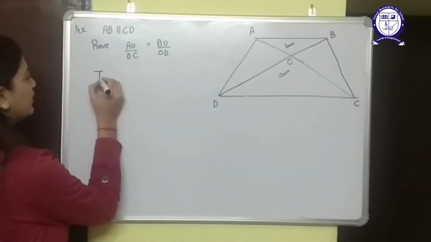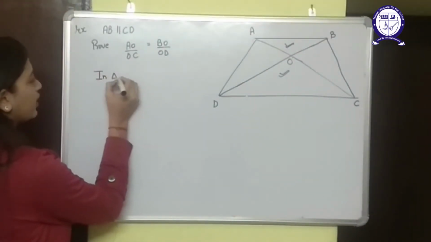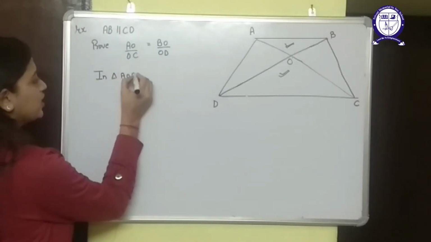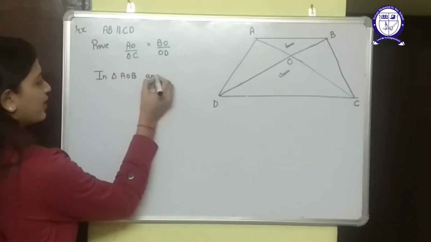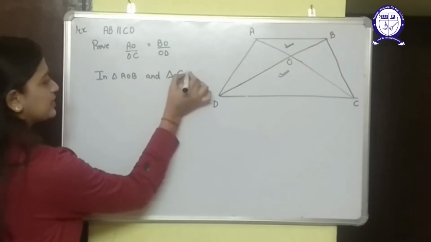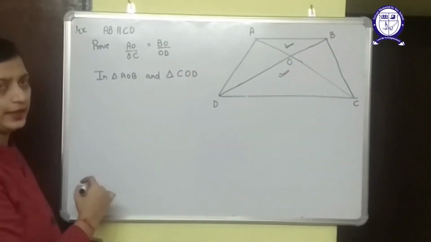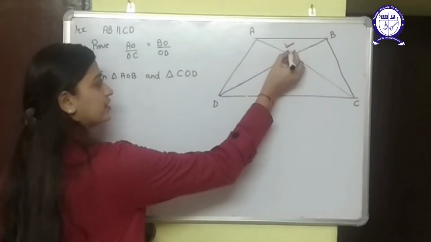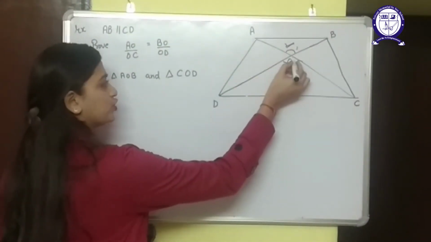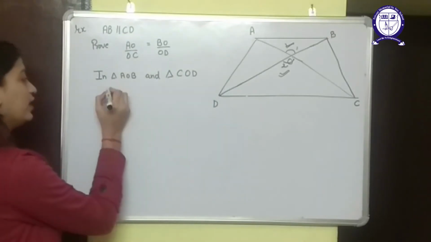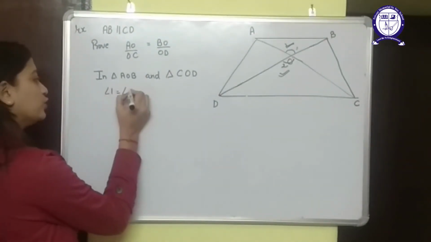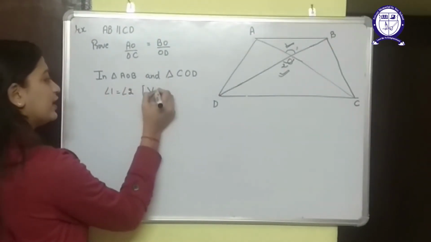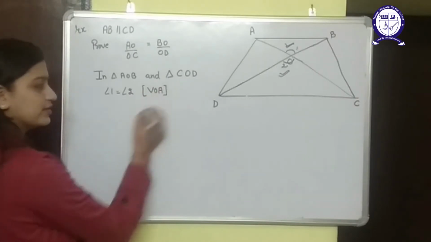So in triangle AOB and triangle COD. Now first of all, what is the first thing which is equal? You can see that, similar to the previous example, these two angles are equal. Angle 1 equals angle 2 by vertically opposite angles.